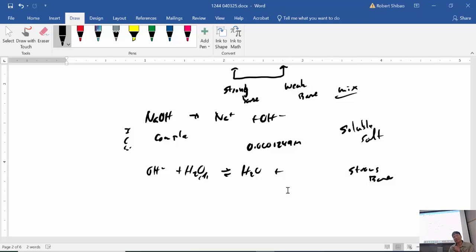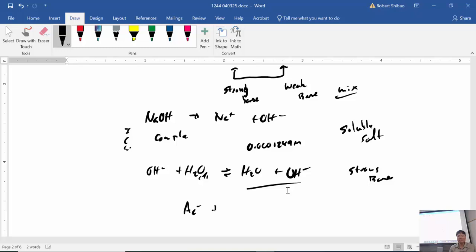The other product of this is hydroxide. And so there's no change. And so usually you would skip this and then just go to the weak base.